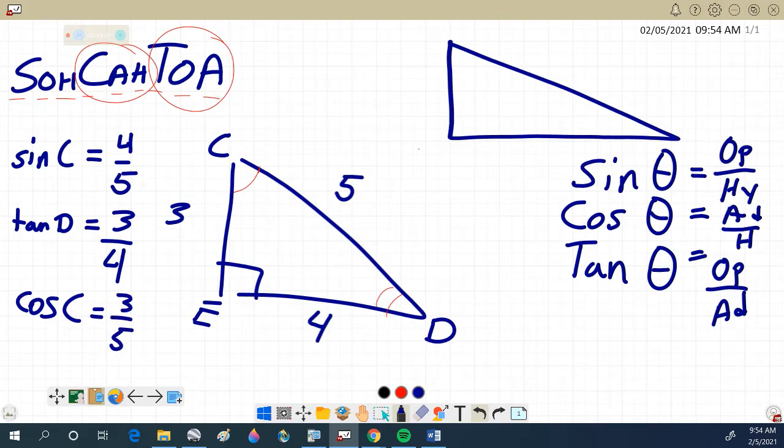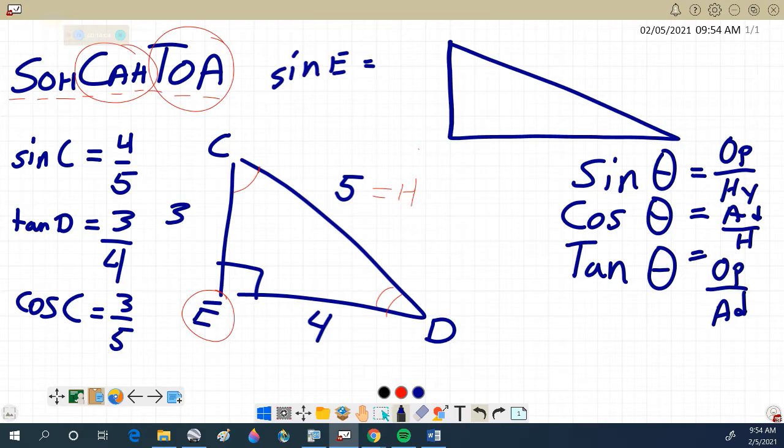Okay, does anybody see a problem if we tried to do the sine of E? Why is that a problem? There's no O. If I pick angle E, then this would be the hypotenuse, and 3 and 4 are both adjacent, and it doesn't work.